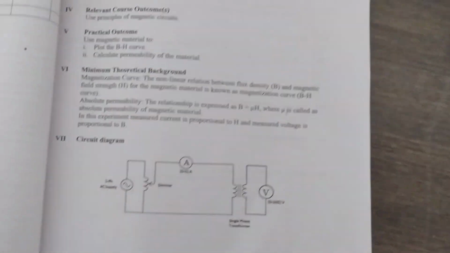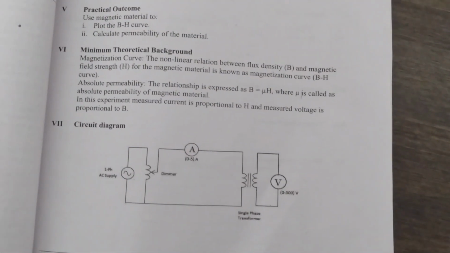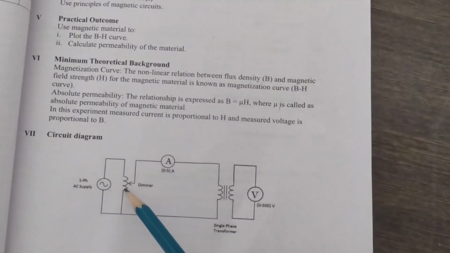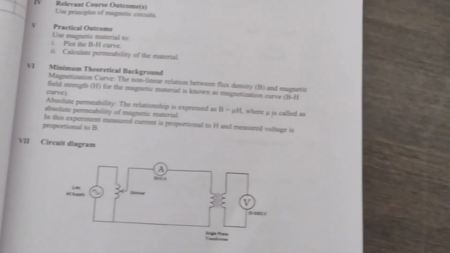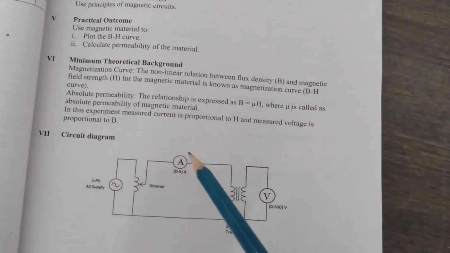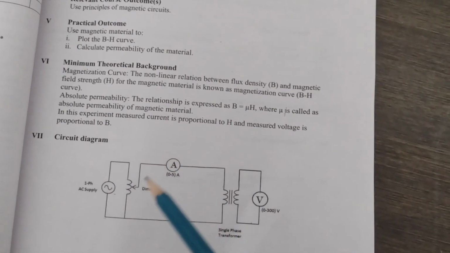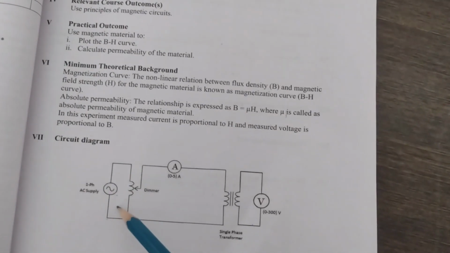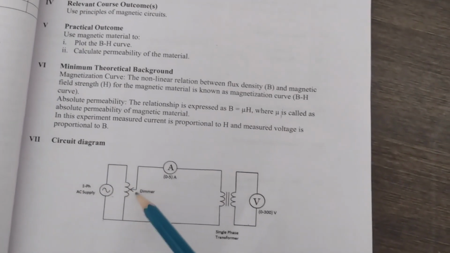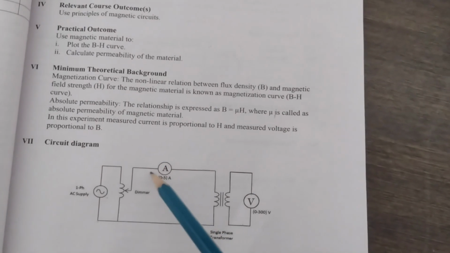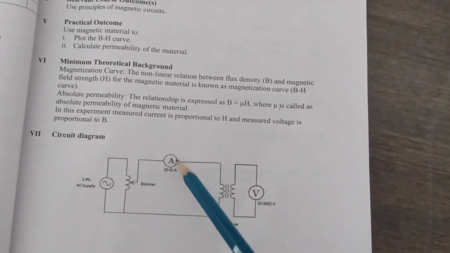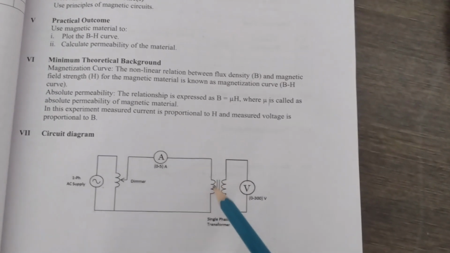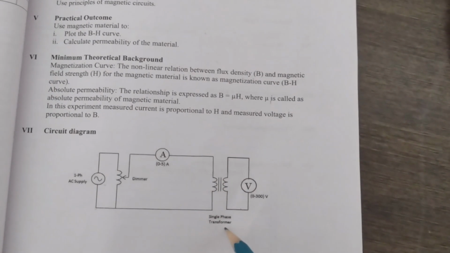This is the circuit diagram of this practical. Here a single phase auto transformer is connected to a single phase 230 volt 50 Hz AC supply. This auto transformer has two terminals, phase and neutral. The phase terminal of this auto transformer is connected to the common terminal of an ammeter, and the range terminal of this ammeter is connected to the first terminal of the primary winding of a single phase transformer.